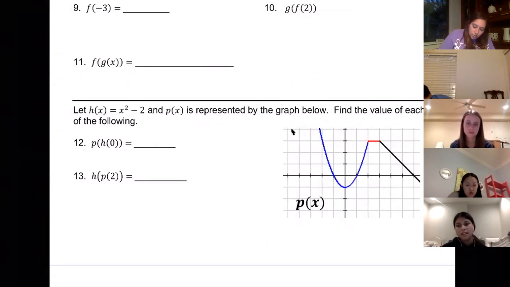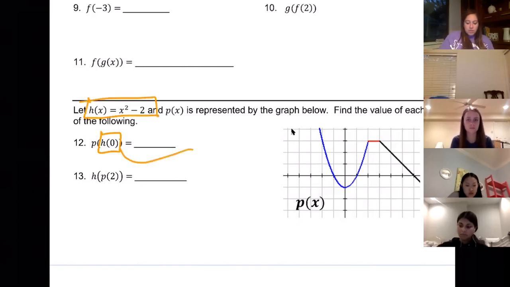So with these, you're working inside to outside. So I need to figure out what h of 0 is first. I'm going to plug in 0 for x, which would end up being 0 minus 2, and that would give me negative 2.